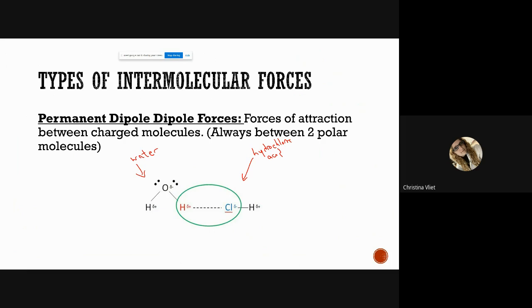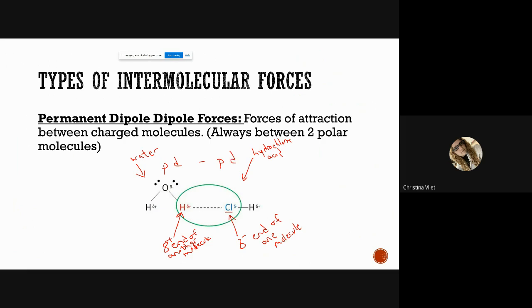Hydrochloric acid is attracted to water. This is showing the attraction. Water's polar, so there's a negative end and a positive end. This acid is also polar, hydrogen being the positive end and chlorine being the negative end. So the negative end of one molecule is attracted to the positive end of the other, and we call this attraction a PD force.